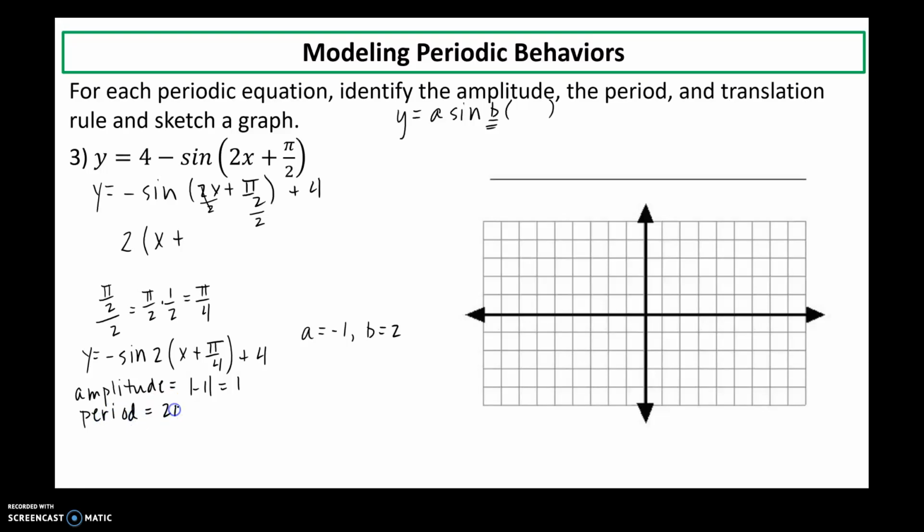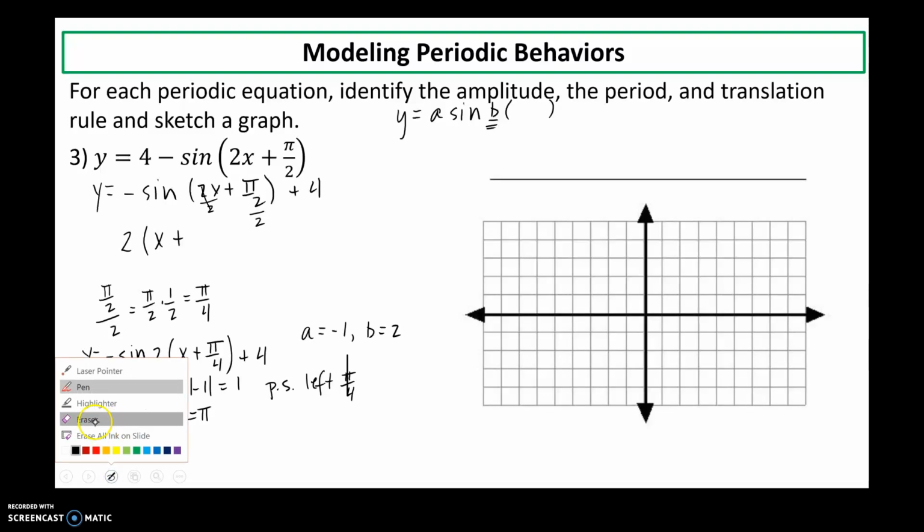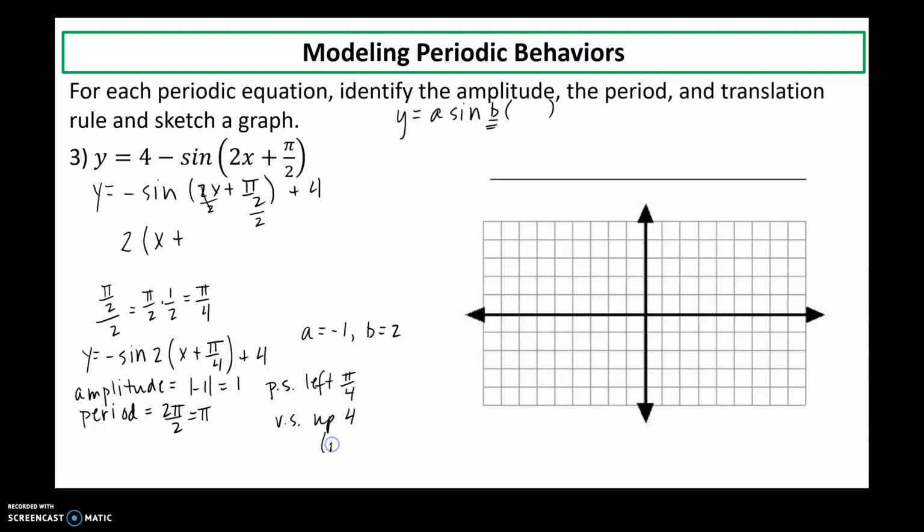Our period, 2 pi divided by B, so the period is pi. The phase shift is left pi over 4 units. Vertical shift is up 4, which gives us an equation of a midline at y equals 4.